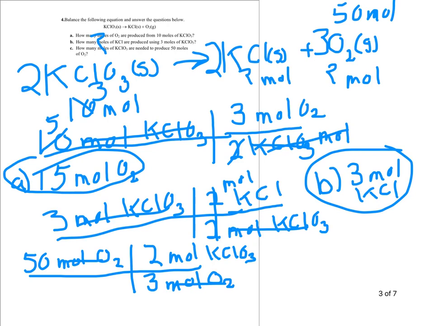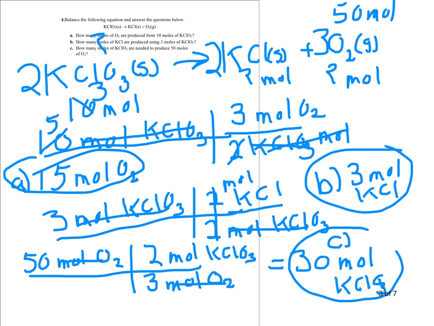We end up getting 100 divided by 3, which is about 33. But to put it in proper sig figs, we will just take it to 30 moles of the KClO3. And that's our answer for C.